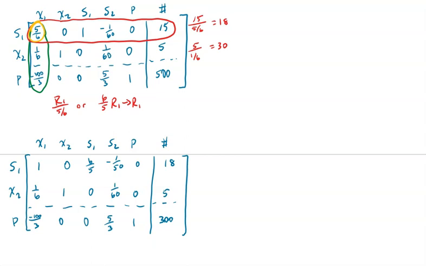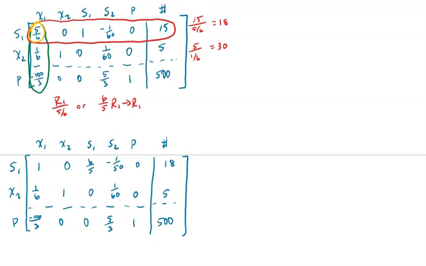All right, next up, we need to go ahead and do our row operations again. So we have the 1. We need to change both of these into zeros.